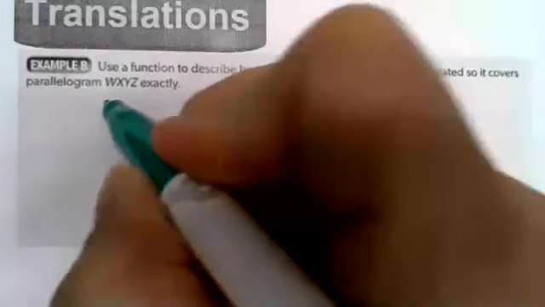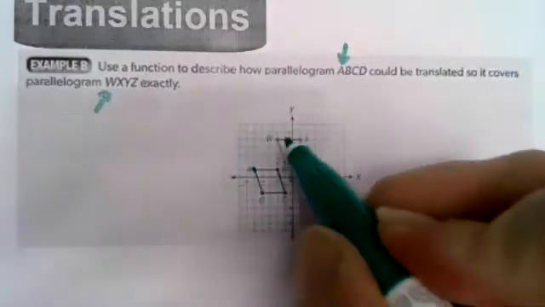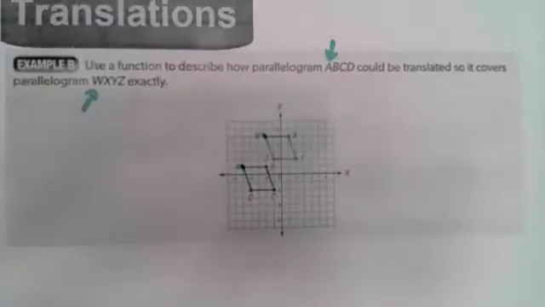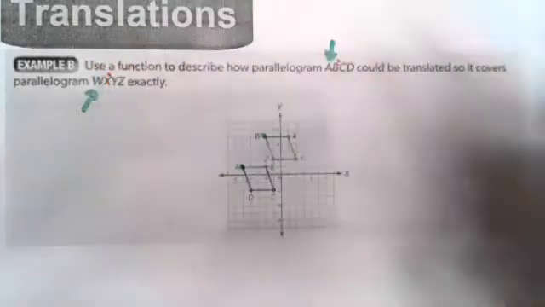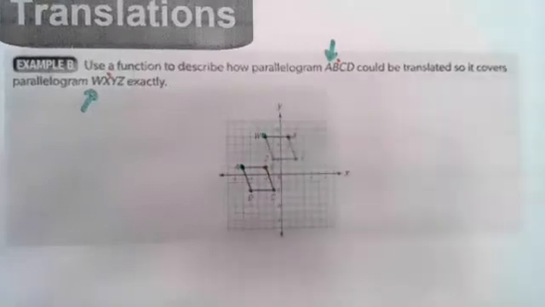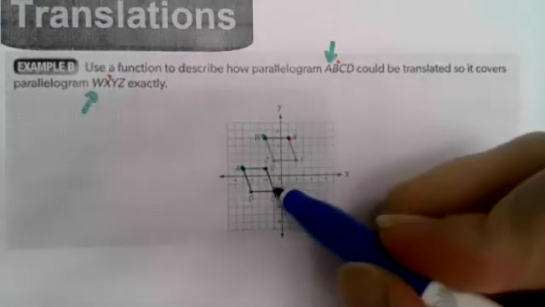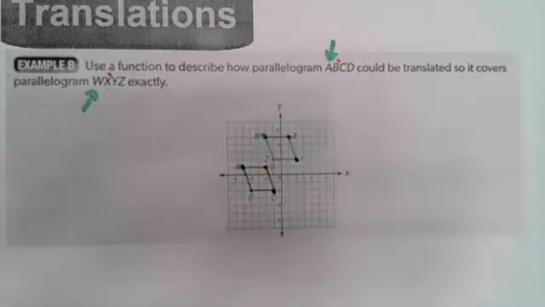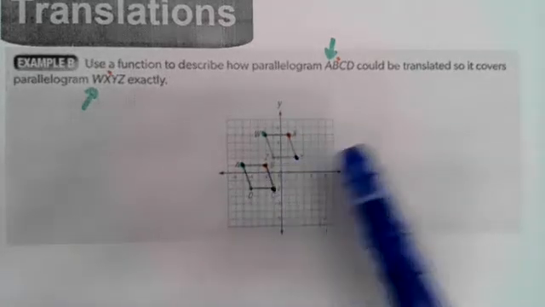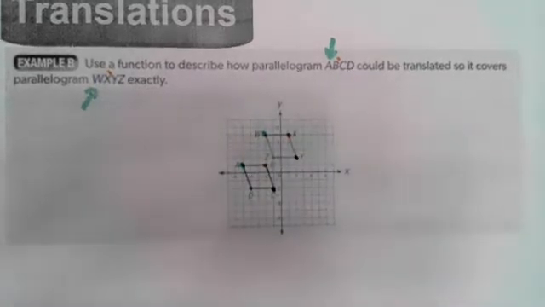So A is going to go to W. My B is going to go to X. My C is going to go to Y. And then my unmarked D is going to go to Z. So the ordering of my letters makes a big difference in how I organize my translations.